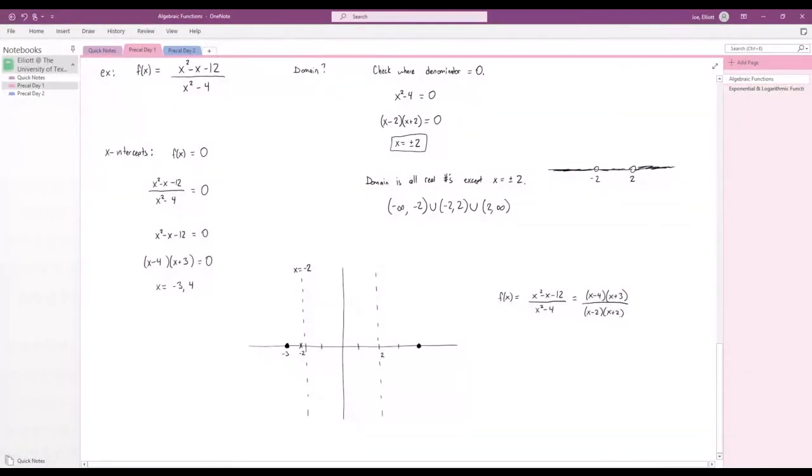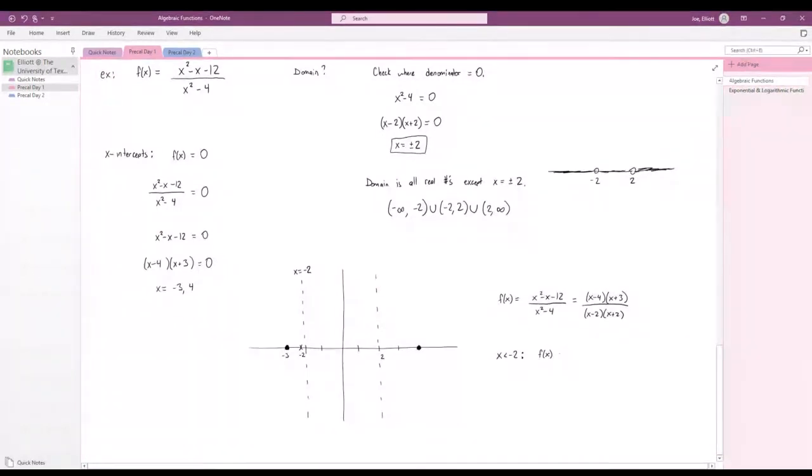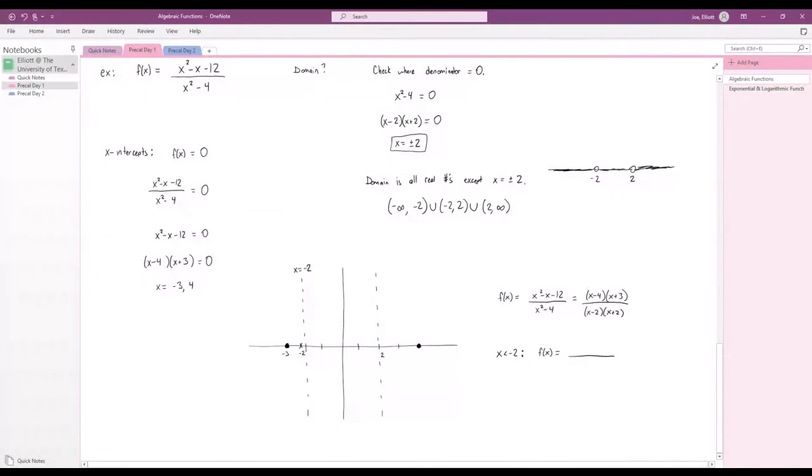So if we think about plugging in a number that's to the left of -2, if we just think about what the sign of each of these four factors would be. If x is to the left of -2, x minus 4 should be negative.